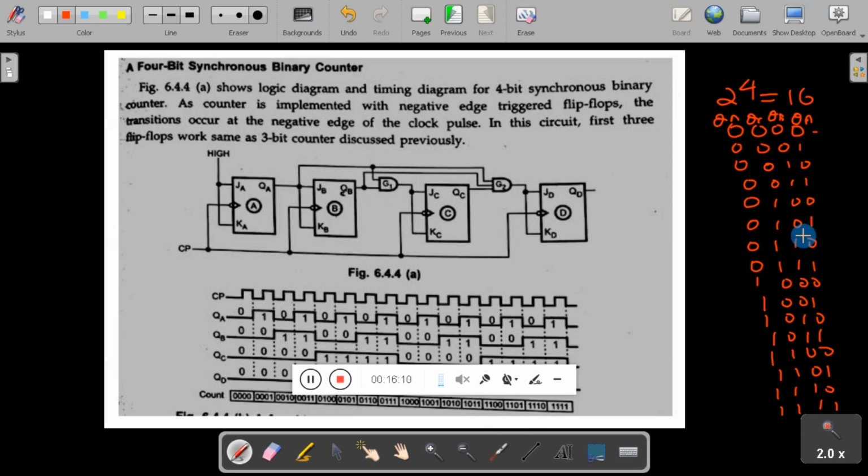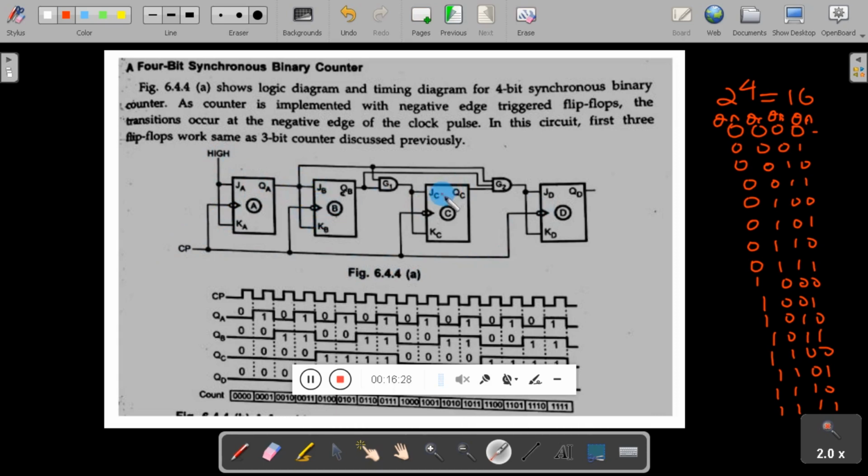Now we will see the design part. All 4 flip-flops here, students, are connected simultaneously to a single clock. The input of the first one is connected to high, and the output of the first one is connected as input to the second one.